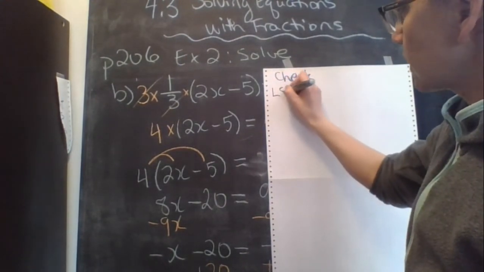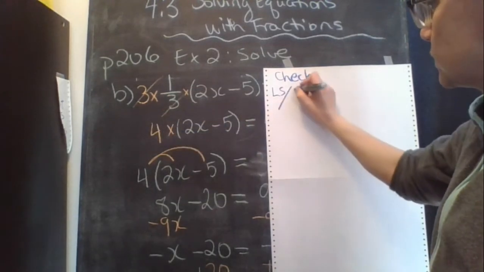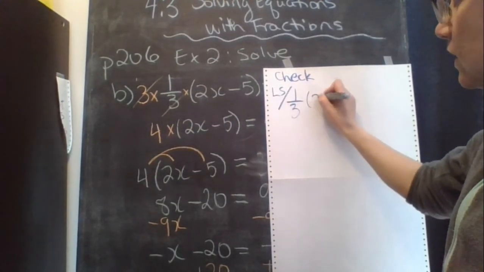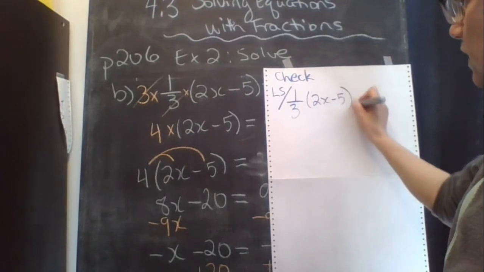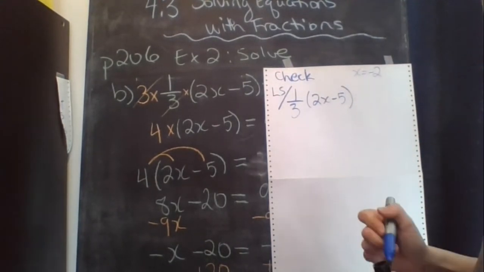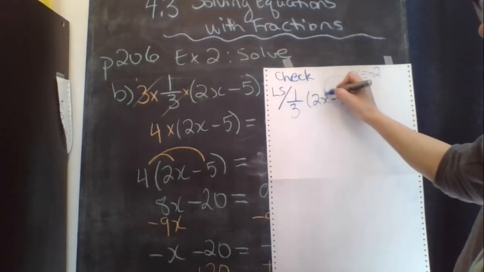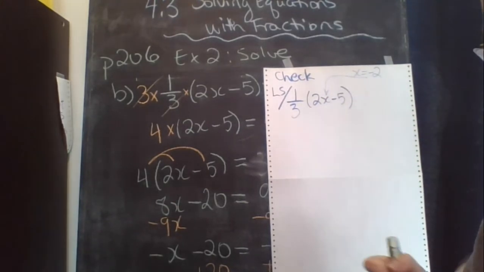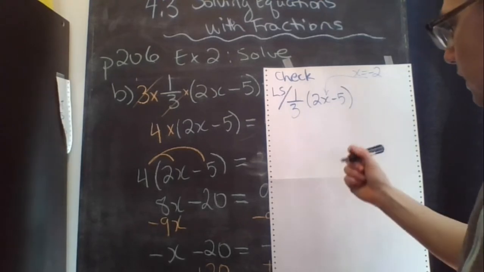which means we need to check our left side. So remember our left side was originally 1/3 bracket 2x minus 5. And remember we solved for the fact that x is -2. So I'm going to sub that in for x so I can figure out if I did this right or not. So let's see.